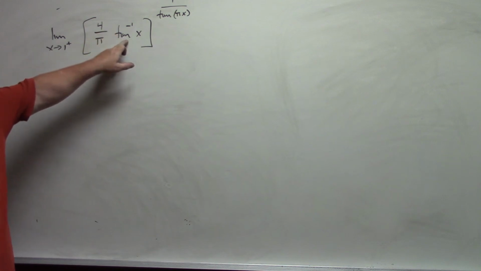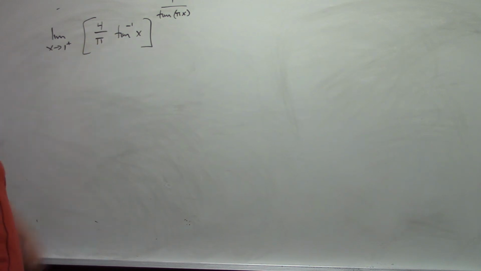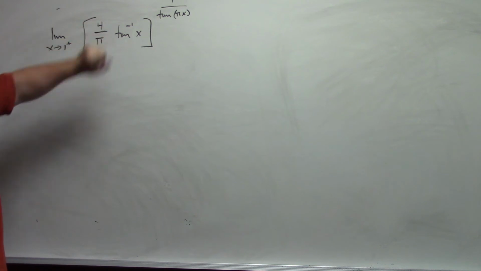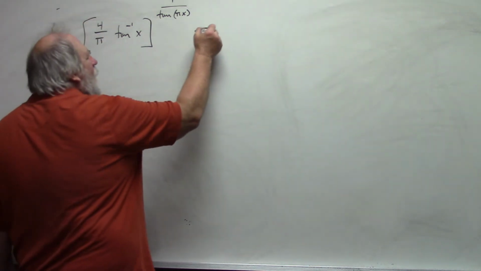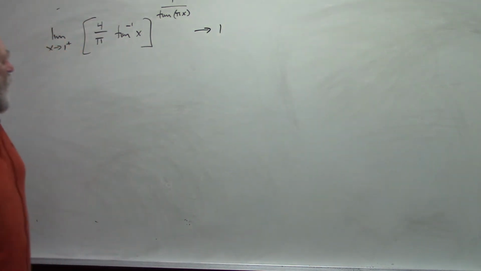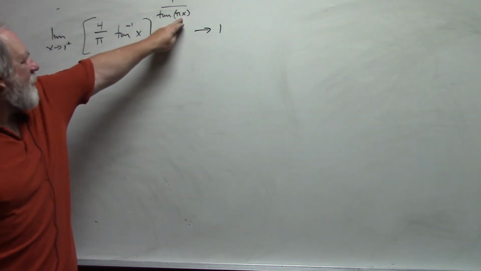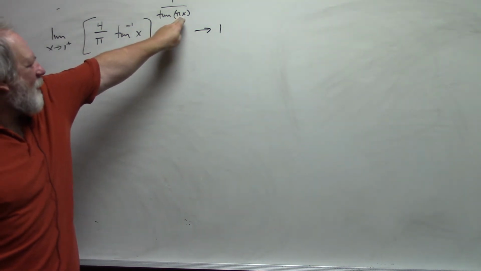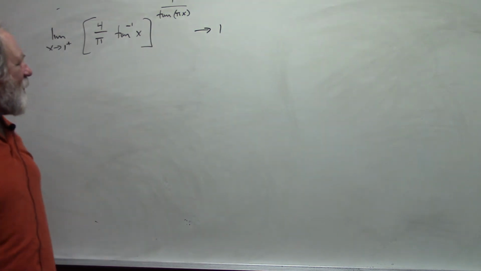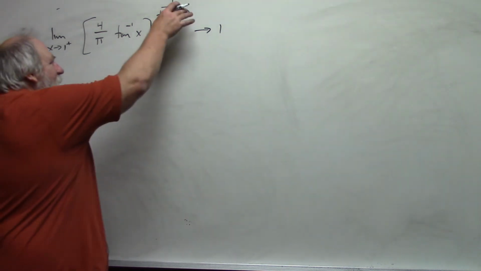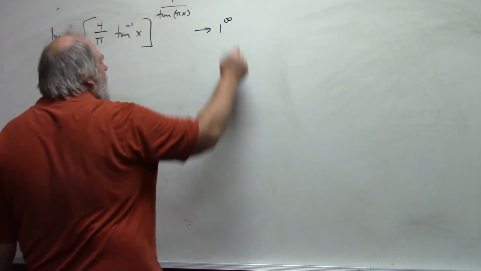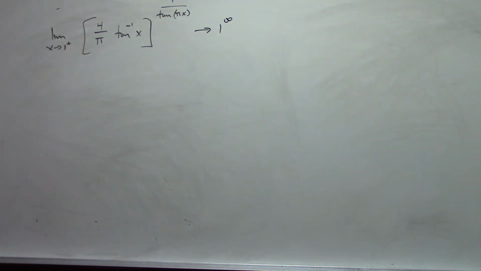Now, as x goes to 1, arctan approaches pi over 4, which means that this base is approaching 1. Tangent, on the inside we're approaching pi, tangent of pi is 0. And so this denominator is approaching 0, which means the exponent is approaching infinity. And so we get a 1 to the infinity form.